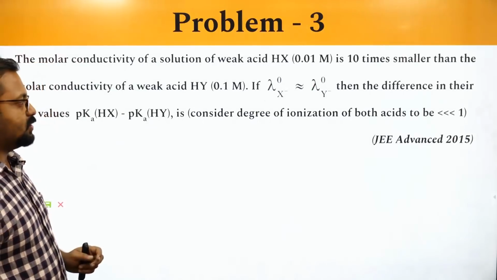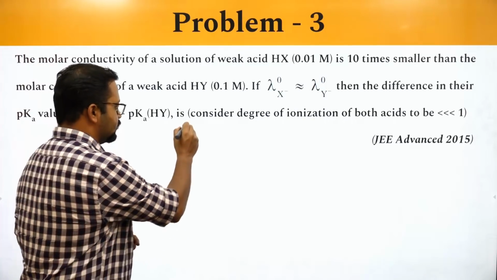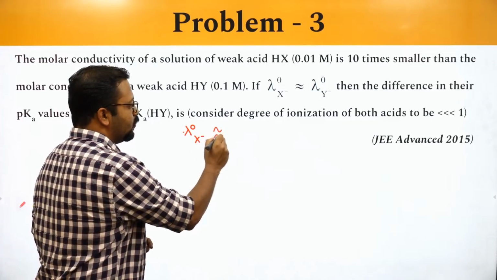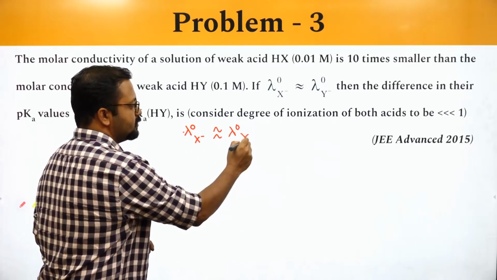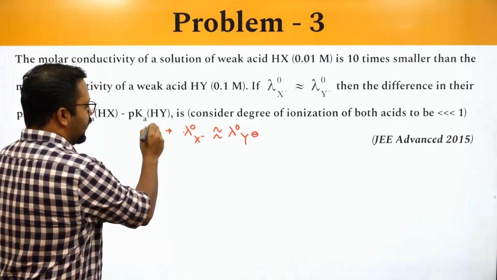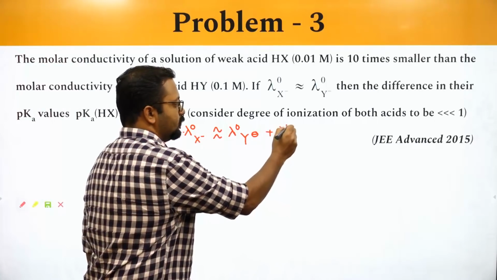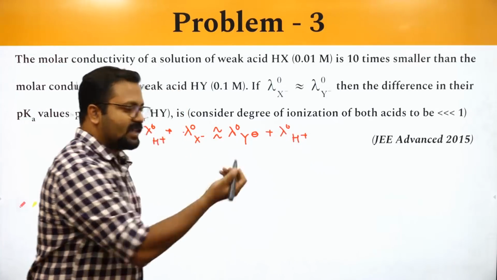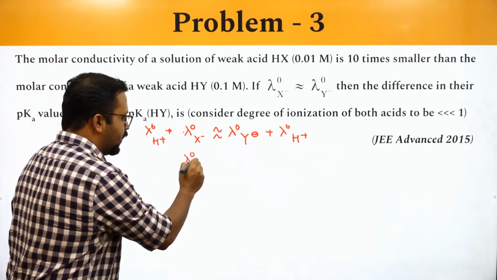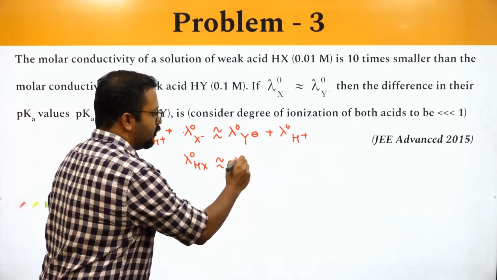First I'll write this relation: lambda naught X- is nearly equal to lambda naught Y-. If I add lambda naught H+ on both sides, since H+ ion behaves independently, what I obtain is lambda naught HX, which is nearly equal to lambda naught HY.